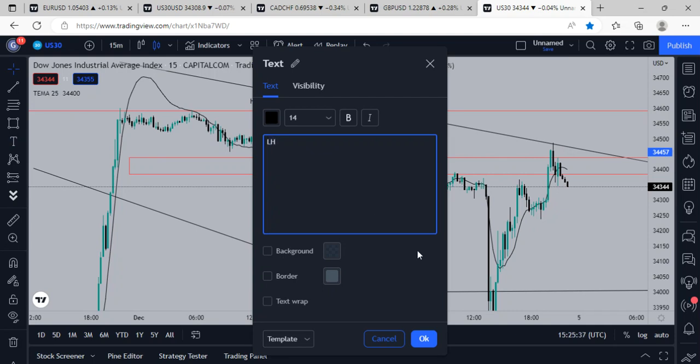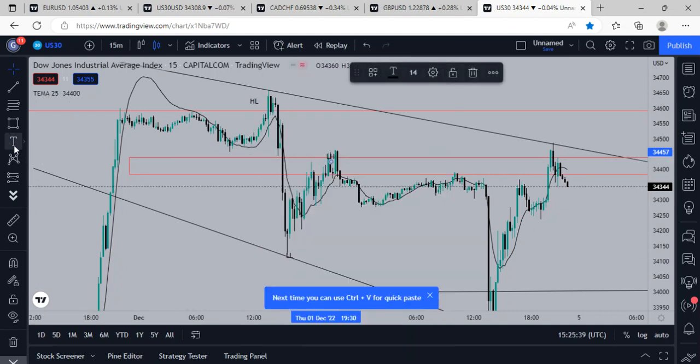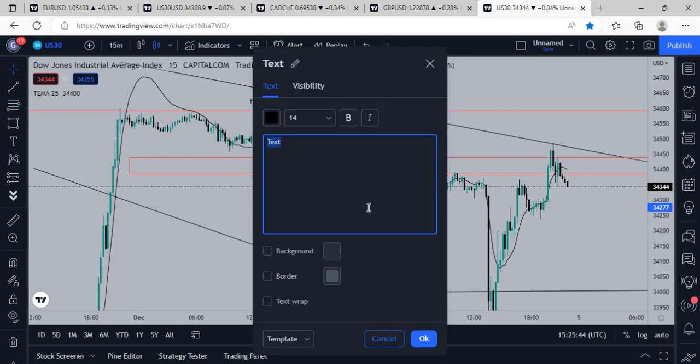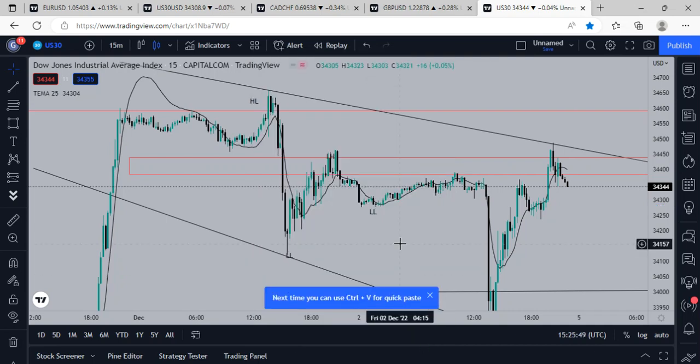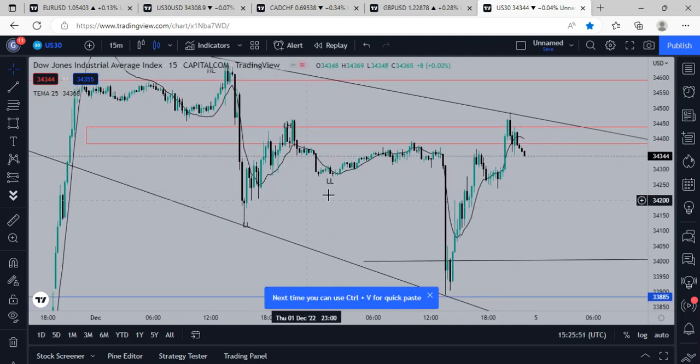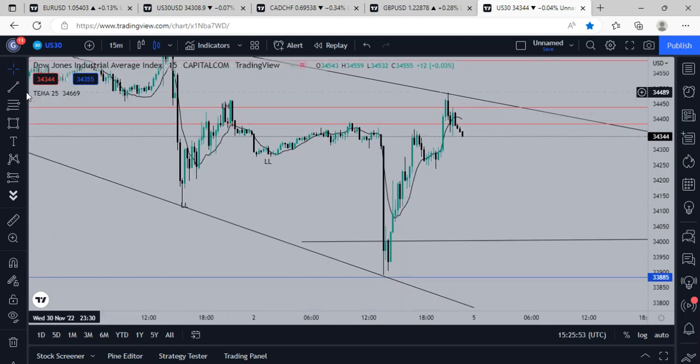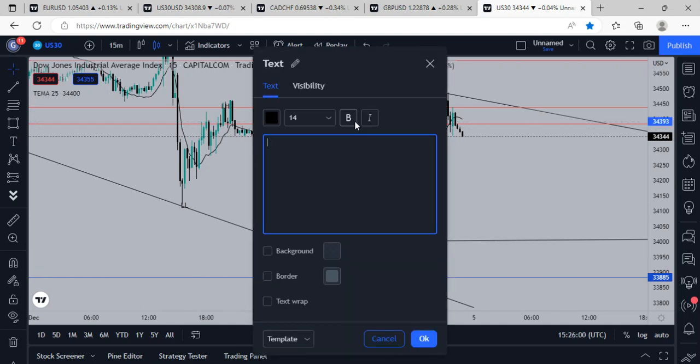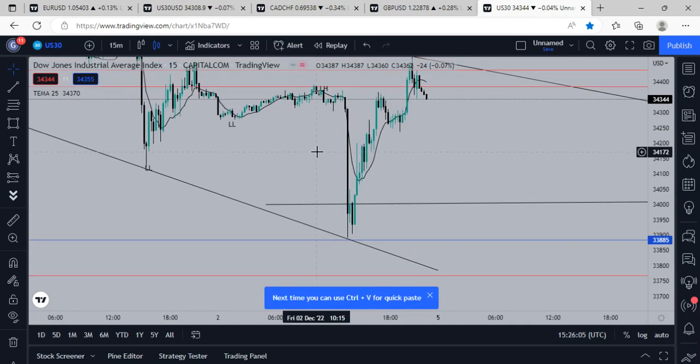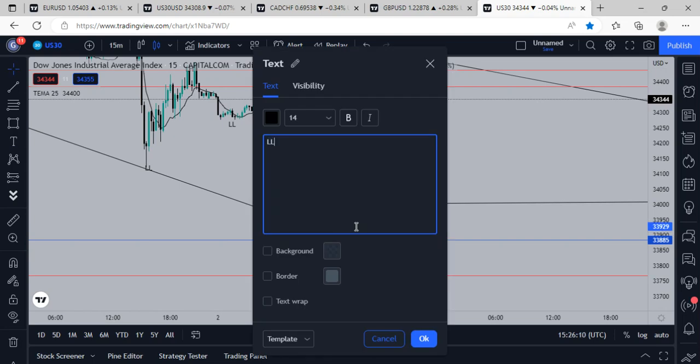Lower high. Lower low. Lower high, lower low. Lower high. Lower low.